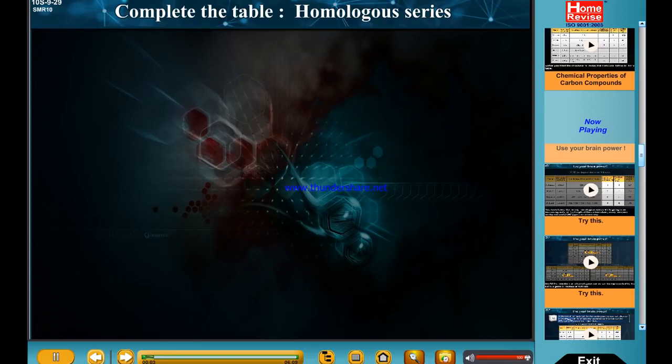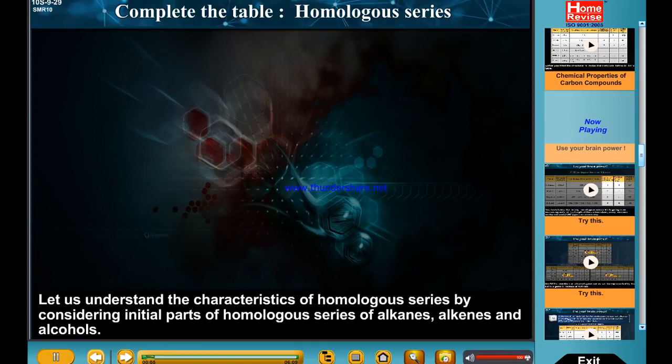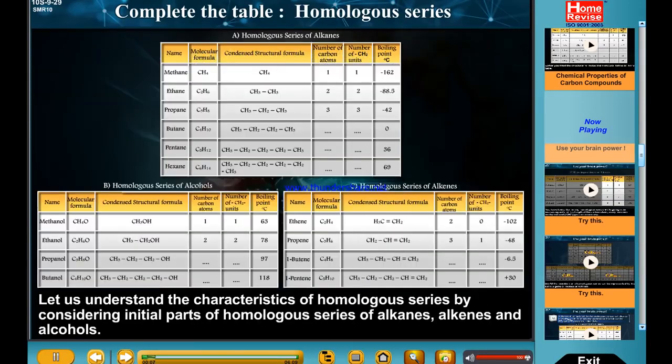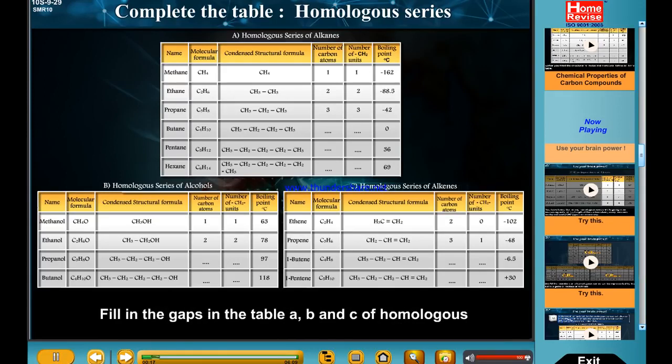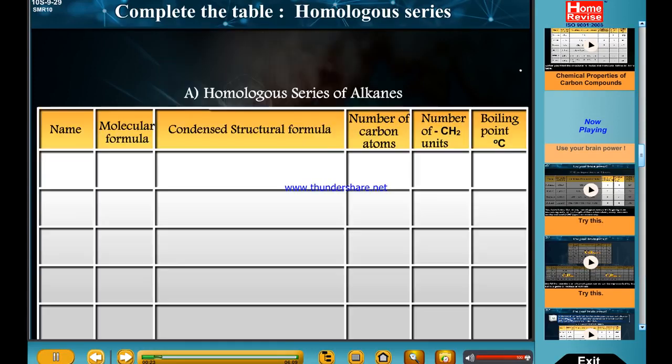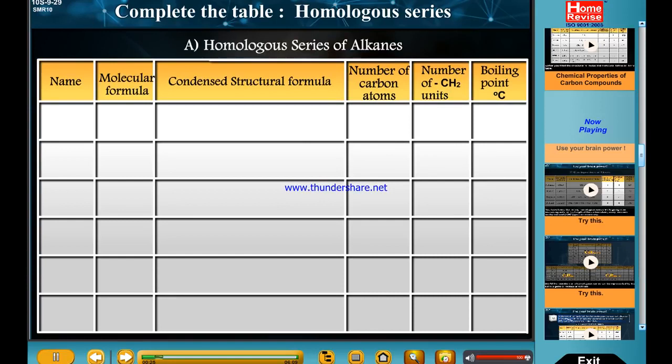Homologous series. Let us understand the characteristics of homologous series by considering initial parts of homologous series of alkanes, alkenes, and alcohols. Fill in the gaps in the tables A, B, and C of homologous series. A. Homologous series of alkanes.